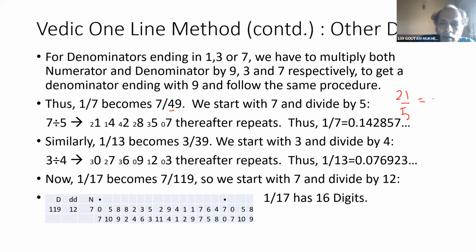Okay, got it. Whatever is the remainder, it gives you the tens digit. So it becomes 21. So it becomes 4 and 1. Quotient is 4 and remainder is 1. 21. Okay.